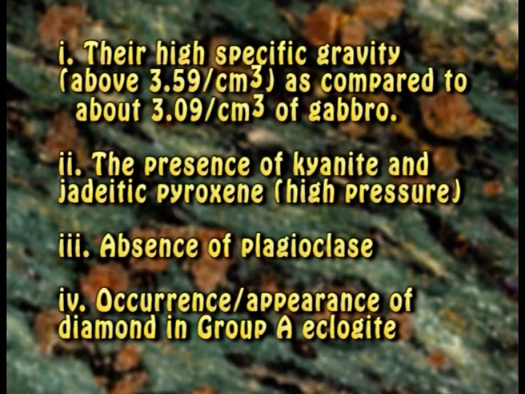Fourth, appearance of diamond in group A eclogites. The detailed work of Ringwood and Green, 1966, 67, 72, demonstrates that temperatures of nearly 1200 to 1000 degrees centigrade respectively are needed to transform a quartz bearing basalt to eclogite. Extrapolation of this curve to 600 degrees centigrade or below suggests a pressure of 10 kilobar or less.